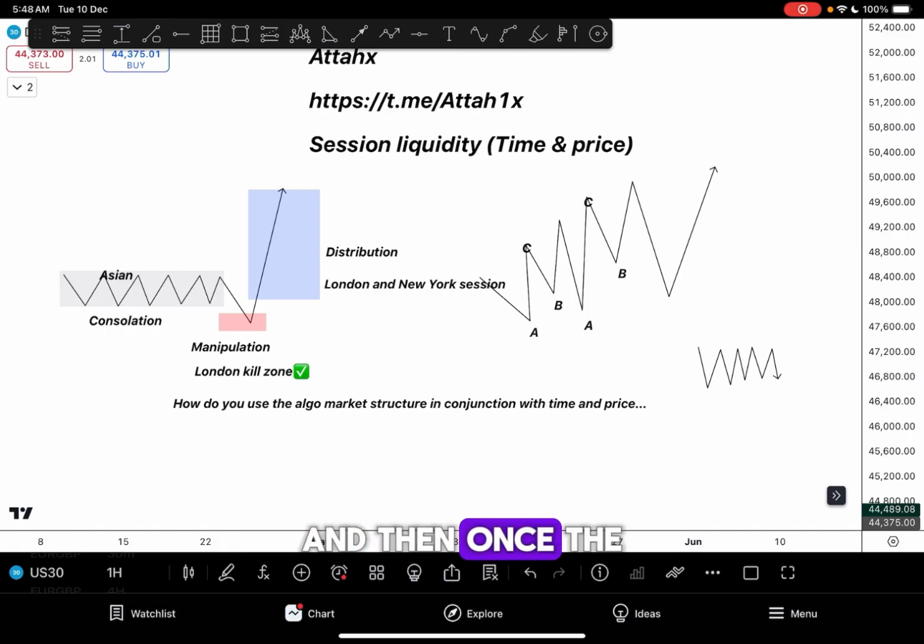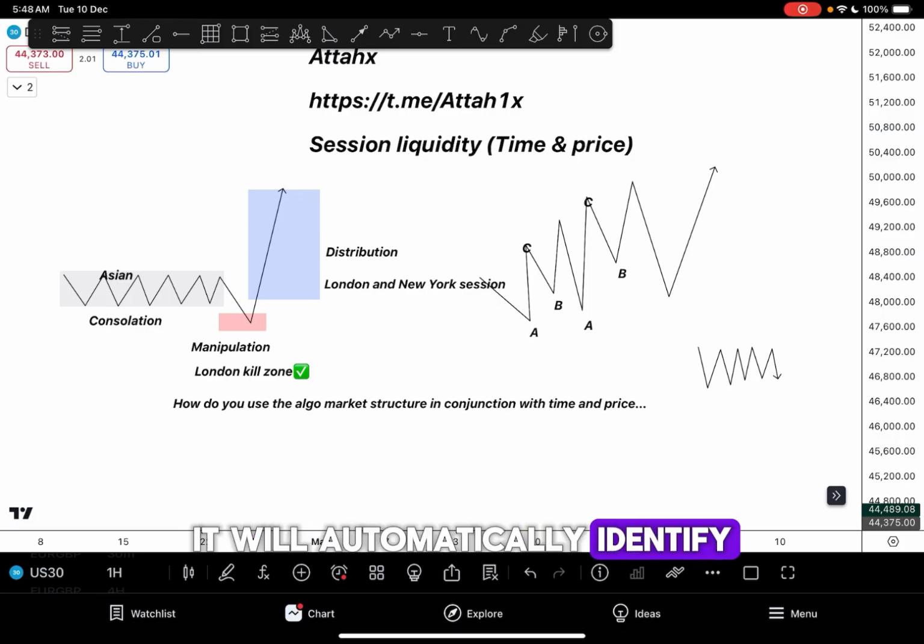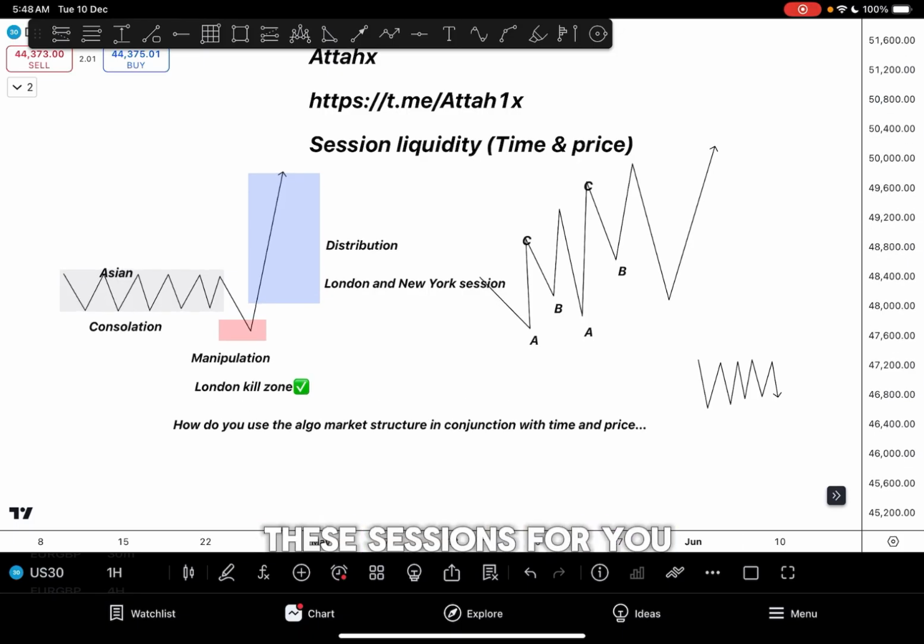And once the indicator is on your charts, it will automatically identify these sessions for you. All right, so do not panic if you don't know how to identify sessions yourself, right? Just go to your indicators and add the sessions indicator by Lux Algo, and it will identify these sessions for you, and then you can use them however you want.